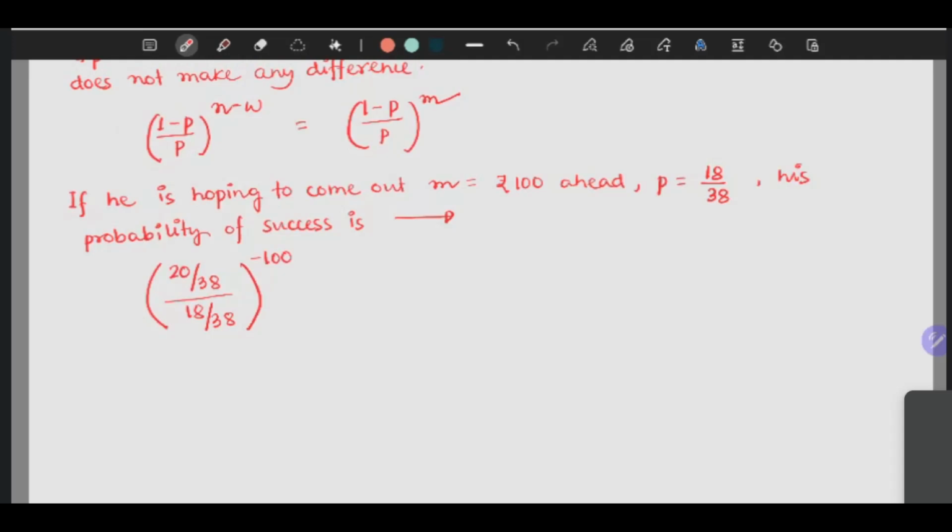Because p is in this case the probability of winning.